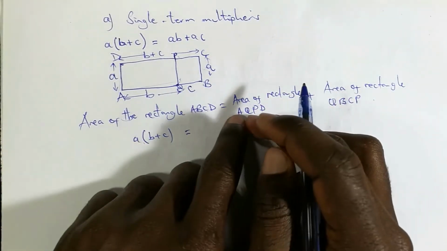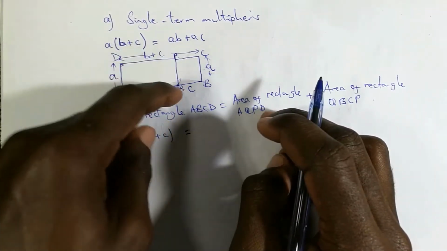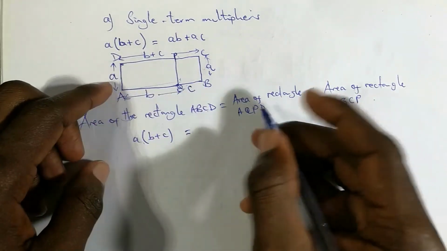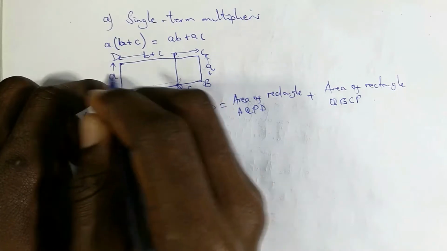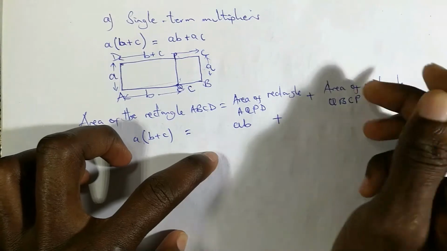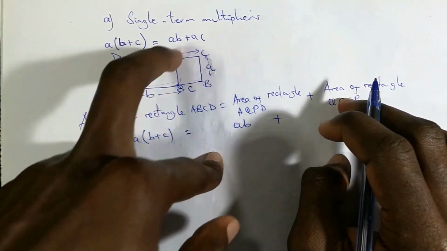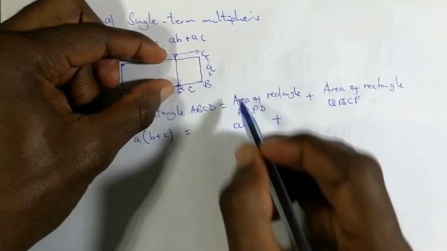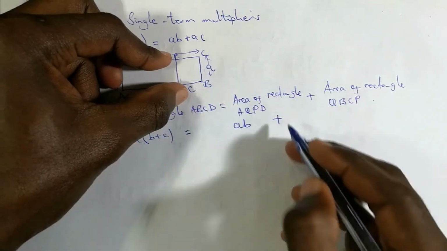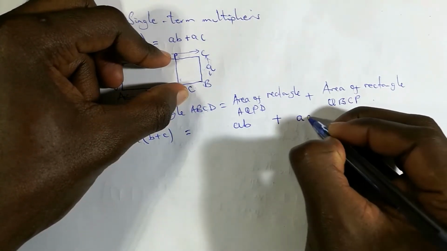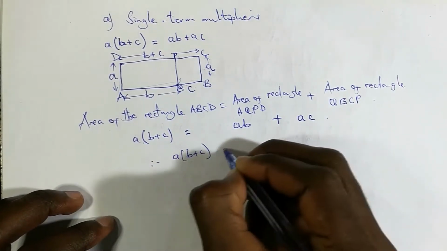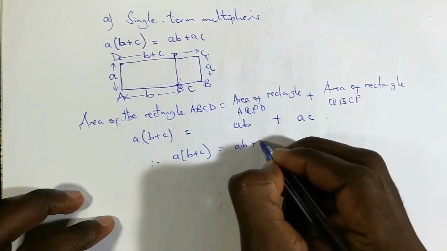The area of the rectangle AQPD, this section here, is given by its length B and its width A. So that's A times B, which is AB, plus the area of the rectangle QBCP, this smaller rectangle, whose length is C and its width is A. That will be AC. So therefore we have A times B plus C given by AB plus AC.